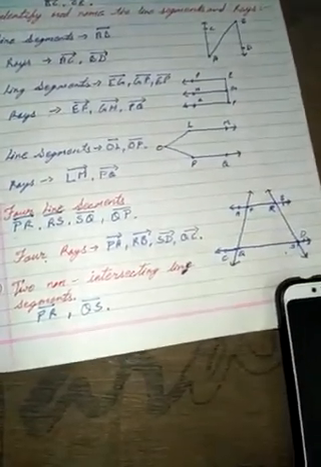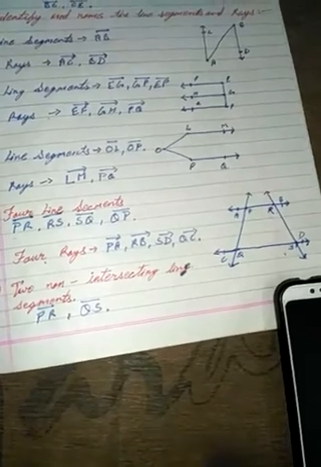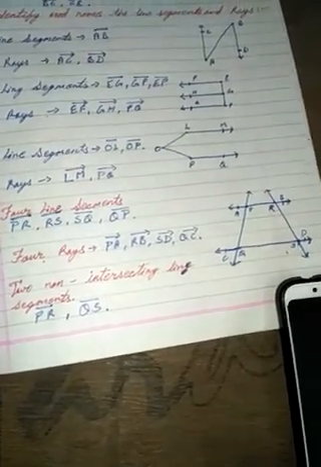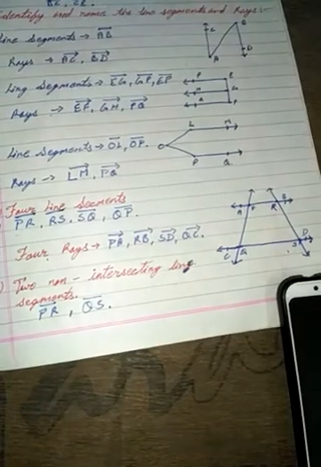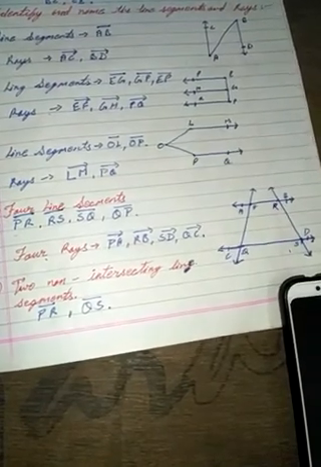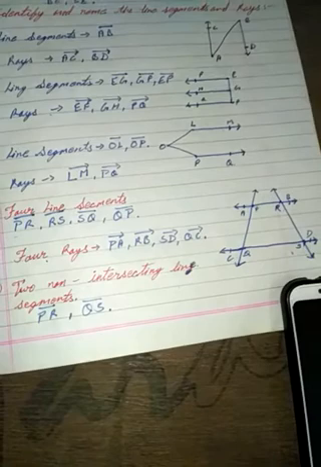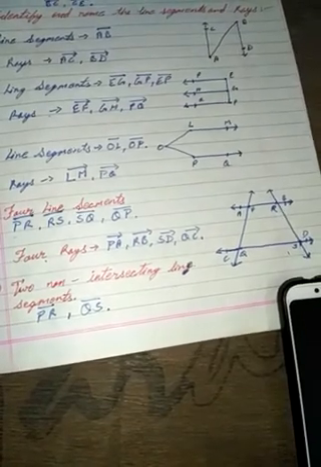Okay, now this is PR and QS. These never meet at a common point. This is question number 3.